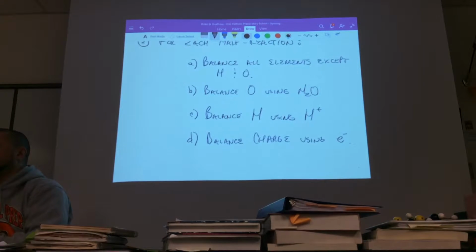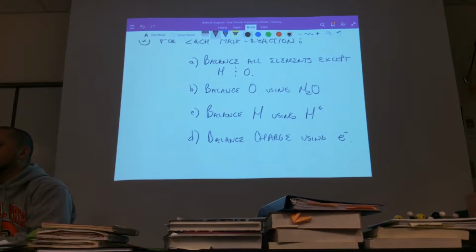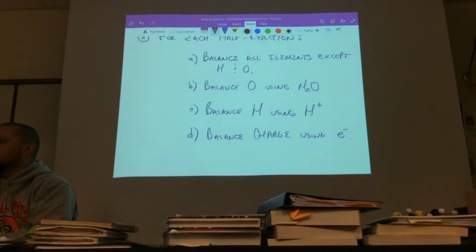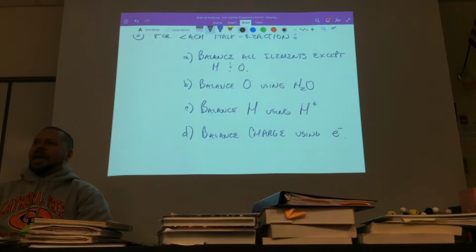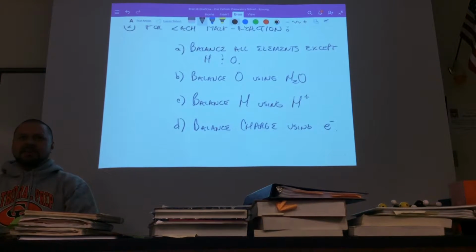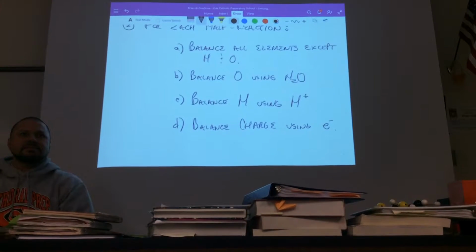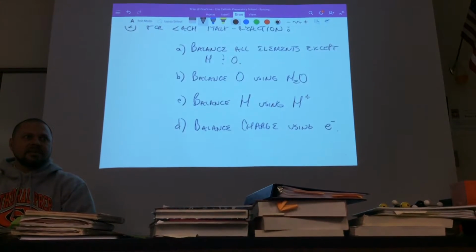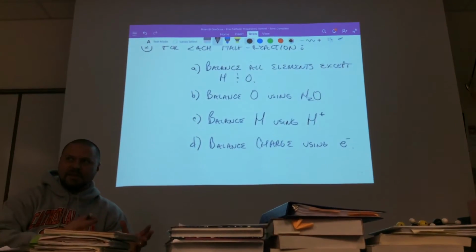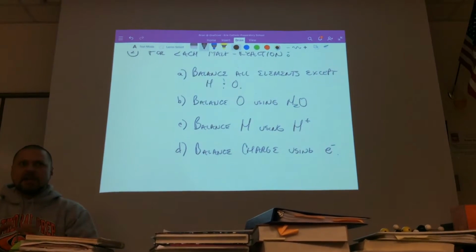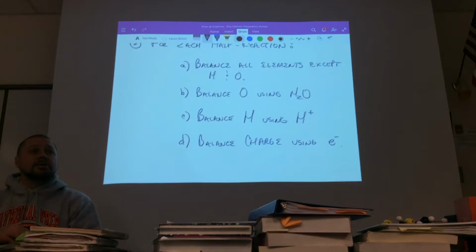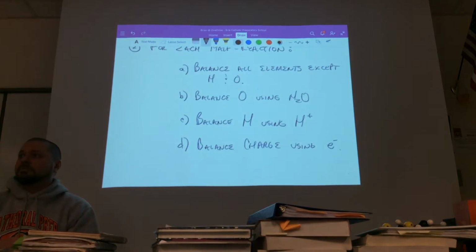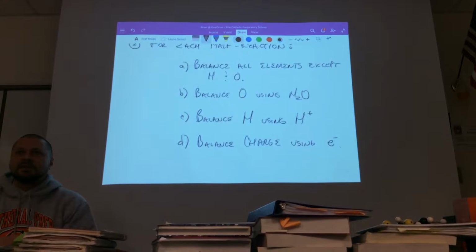And why some guys have a tough time with this, it's one of those backwards kinds of things. If I add negatives, I'm really reducing it, right? If I add negative things, I'm actually bringing the value down. So when you go to balance using electrons, the electrons are always going to go to the side that's bigger, more towards the positive end.